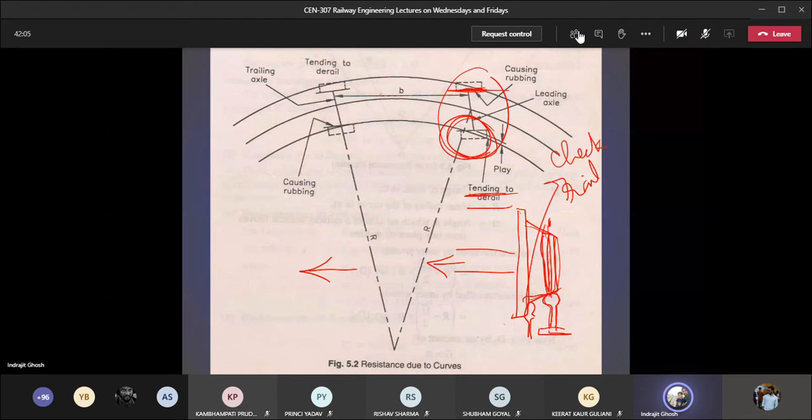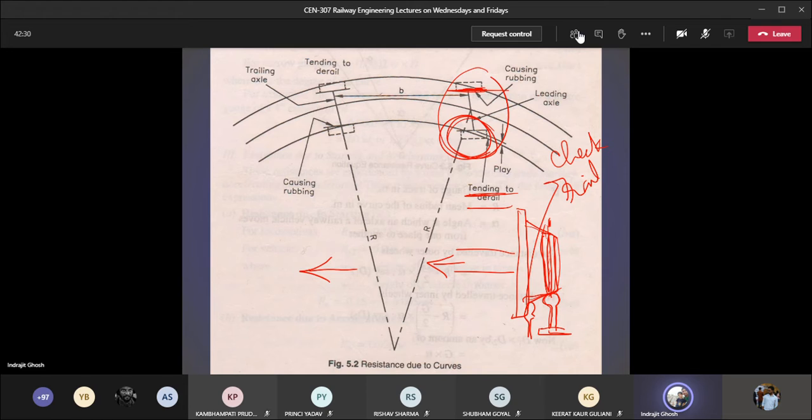And if the train speed is high or the curvature is really sharp, then there is more wear and tear. So how can we mitigate it? Is there any way to make sure that the wear and tear that is happening can be reduced or minimized a bit? Is there any mechanism?